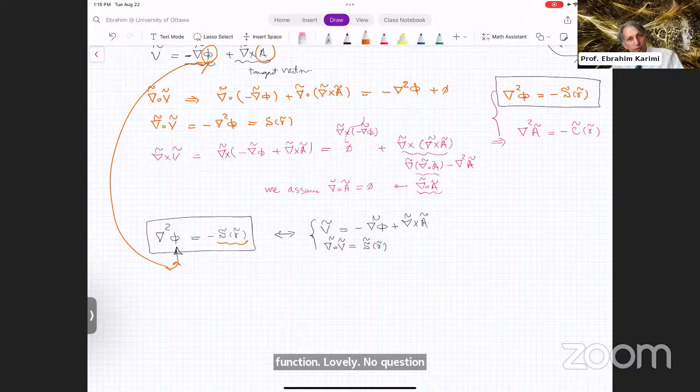I see one. Can we use Helmholtz theorem to write Maxwell equations? No. What do you mean by writing the Maxwell equations?